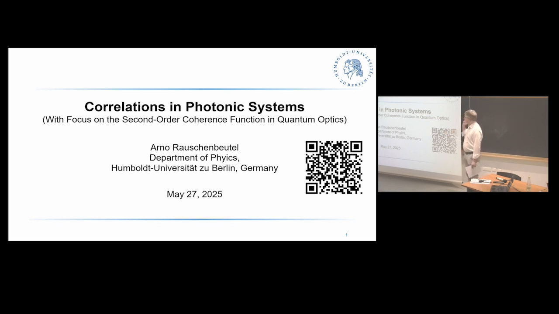I should still say that we do by now also some experiments in the many excitation sector of photons, which I will not present, but there's Johannes there who is waving his hand and who will give a talk on Friday about experiments where we leave this few excitation regime of atom-light interaction. Okay? And as I say here, I will focus on the second order coherence function.